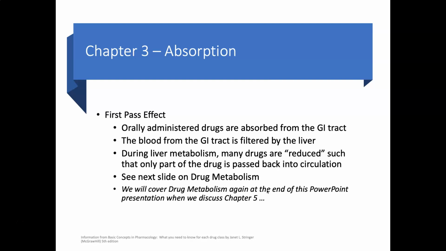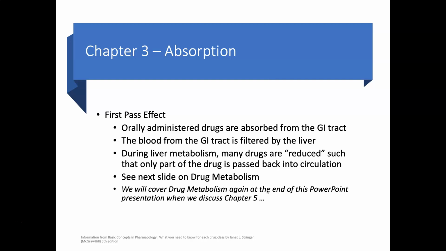The liver. During liver metabolism, many drugs are reduced such that only part of the drug is passed back into circulation. Okay, and we'll talk about this again when we talk about chapter 5, but you need to know this is called first pass effect. When they're trying to figure out a dose of orally administered medication to give to someone, they have to keep in mind first pass effect, where it goes through the GI tract, gets into the blood that's filtered by the liver.